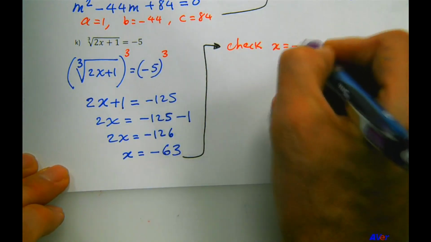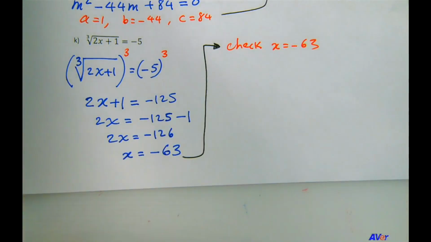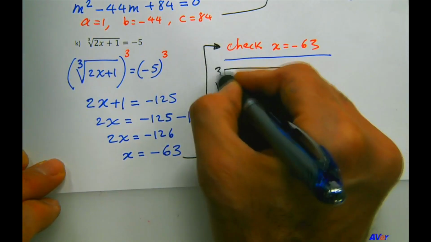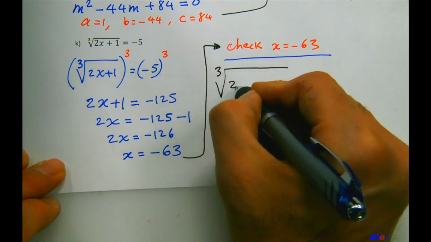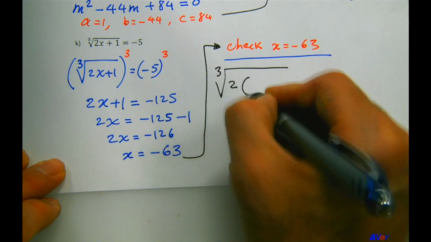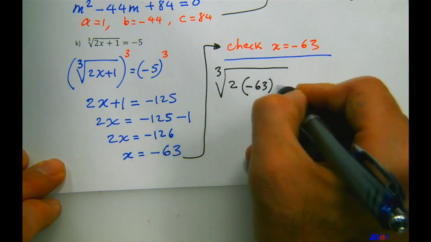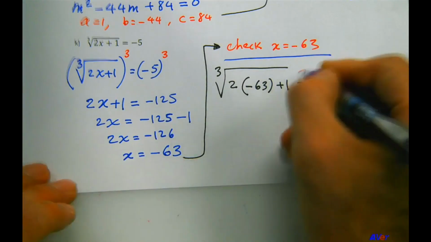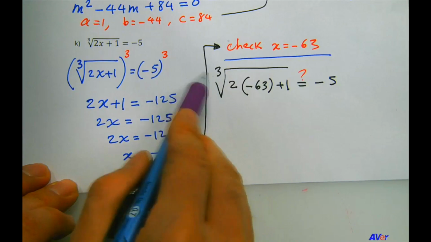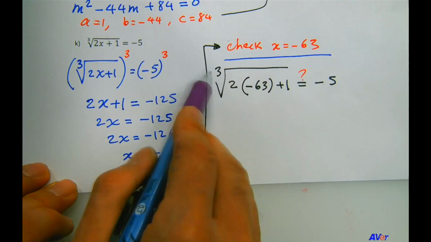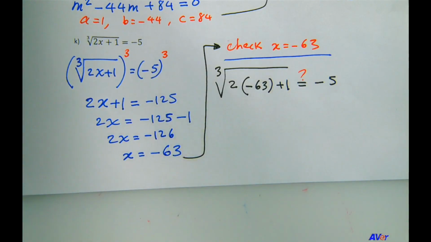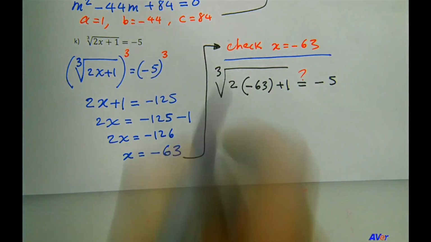Check x equals minus 63. We're going to plug it into this original equation. So third root of 2 times minus 63 plus 1. We're asking if that is equal to negative 5, right? Now, this is a third root. It's an odd root. Odd roots can have negative radicands, or the inside can be negative for an odd root.